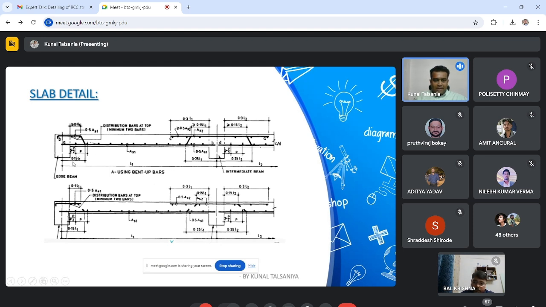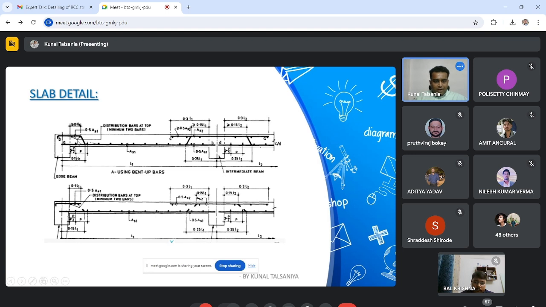For the bent up bar, suppose this is the edge beam. Starting from here, the center to center length is L1, and the center to center second span length is L2. They have given a standard dimension which we have to follow in our structural drawings.